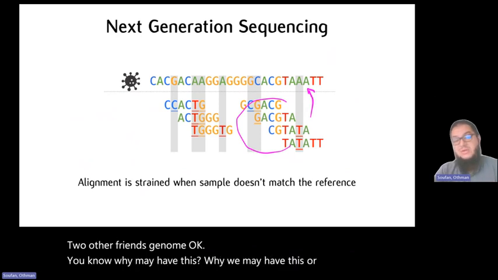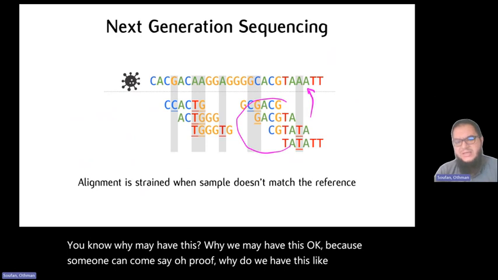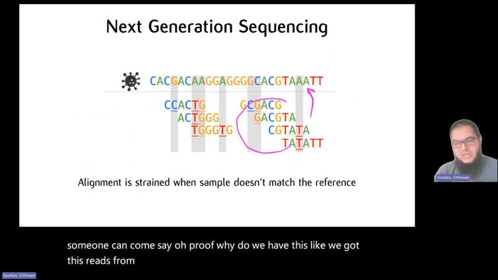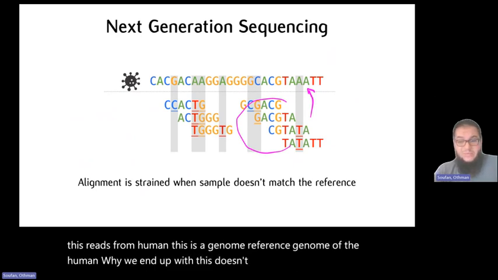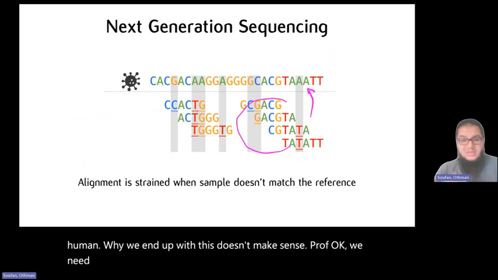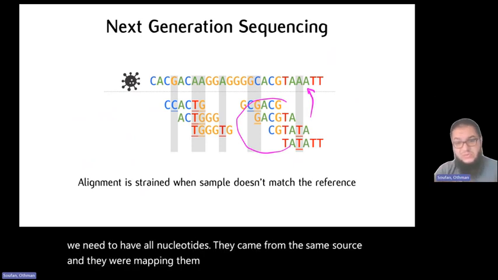Because someone can come and say, "Oh, Prof, why do we have this? We got these reads from a human. This is the reference genome of the human. Why do we end up with this? Doesn't make sense, Prof. We need to have all nucleotides matching. They came from the same source, and we were mapping them back to the same source."